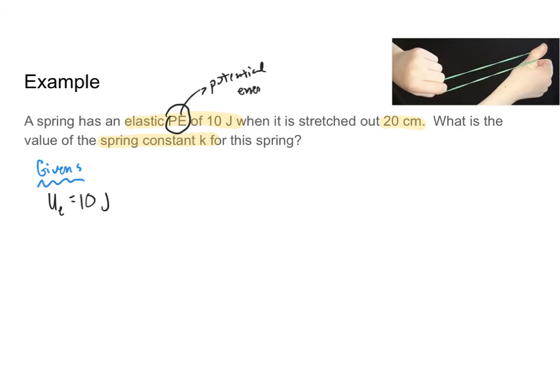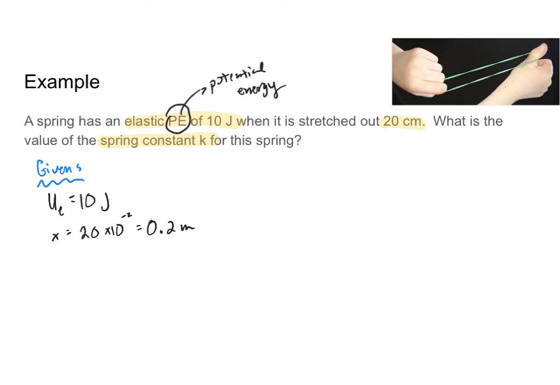I tend to shorthand that a good bit. KE is what we'll use instead of kinetic energy. Again, as a shorthand, both are fine. I like to shorthand it because, why type a dozen letters when you can type 2? So our elastic potential energy is equal to 10 joules, and our x is 20 centimeters, or 20 times 10 to the negative 2 meters, or 0.2 meters. I'm going to leave it with that last one because it's the nicest looking one.